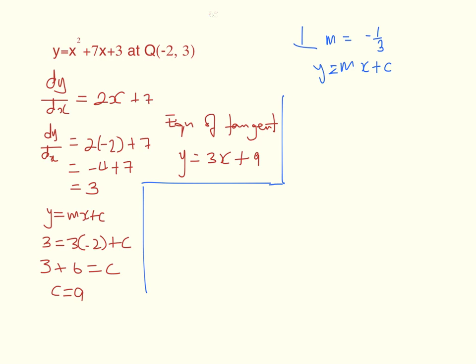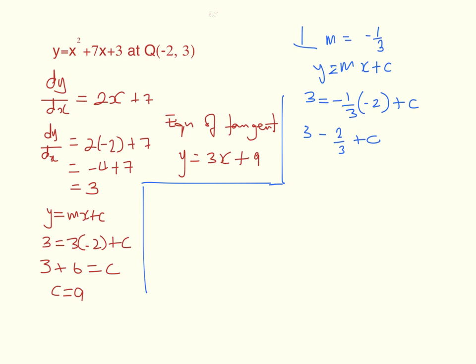We're going to get 3 is equal to minus a third times minus 2, plus some value c, and then that will give us 3 minus 2/3 plus c. Just to show you where I got that from again, 1/3 times 2 is 2/3, because the 2 will multiply by the 1 on top.